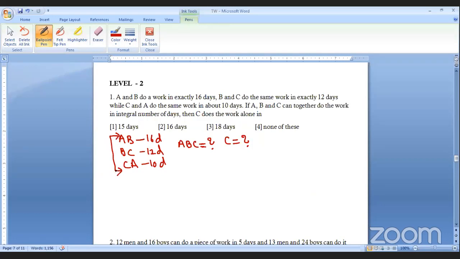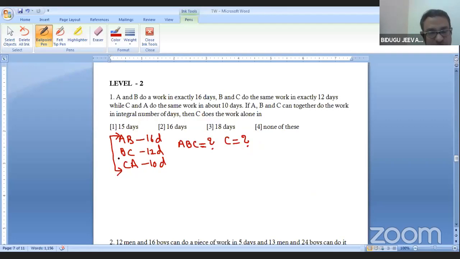ABC by AB plus BC plus CA, that is XYZ by XY plus YZ plus ZX. Then make it double. Now we do it continuously: 16 into 12 into 10 divided by 16 into 12 plus 12 into 10 plus 10 into 16.